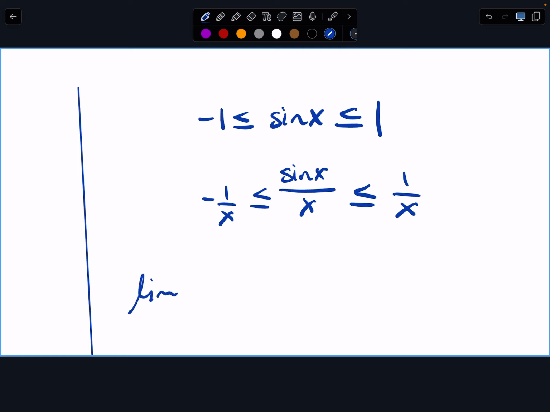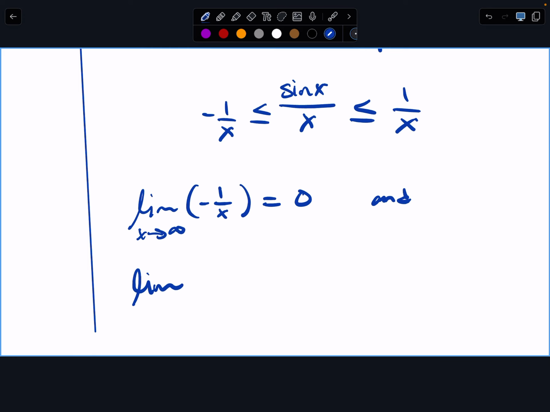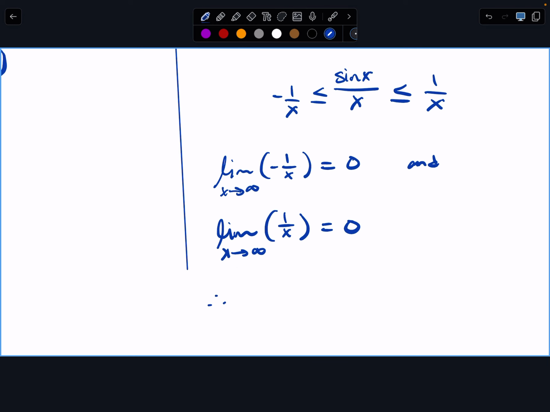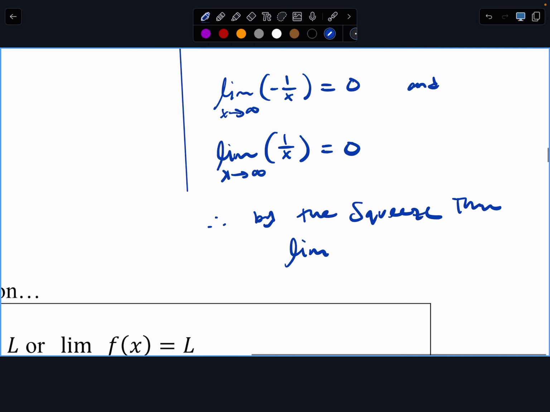The limit as x approaches infinity of negative 1 over x would be 0. And the limit as x approaches infinity of 1 over x would be 0. Which means we can conclude by the squeeze theorem that the limit as x approaches infinity of sine of x over x would also have to be equal to 0.